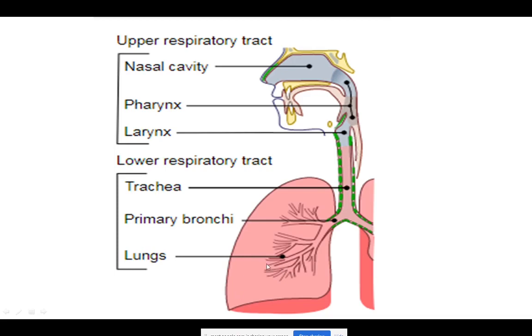This forms the lower respiratory tract. The upper respiratory tract begins from the nasal cavity and ends at the larynx, just before the beginning of the trachea.